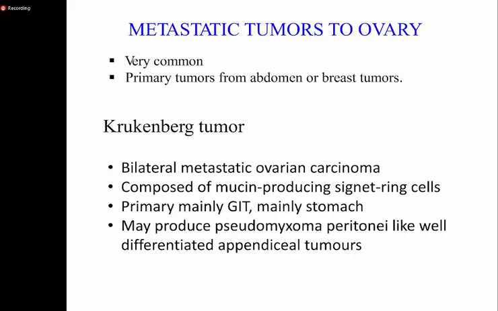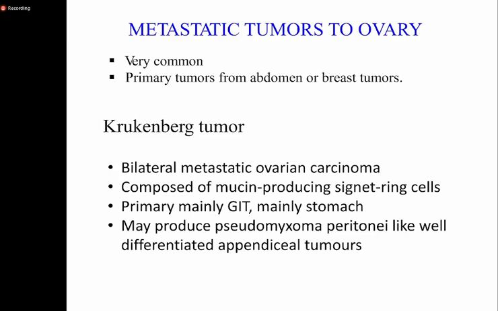Then the last category is the metastatic tumors to the ovary. They are more common than we think. And the primary tumor can be from any of the abdominal organs, like stomach and liver and pancreas and so on.